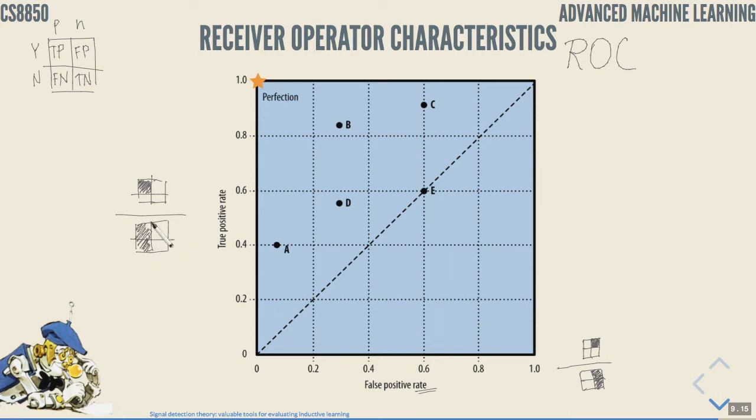Also notice that from one of the previous slides, this is nothing but the conditional probability of a prediction being correct when it was indeed correct. So true positive rate. And a false positive rate is a conditional probability of a prediction being, well, when it was incorrect, but being predicted as correct.